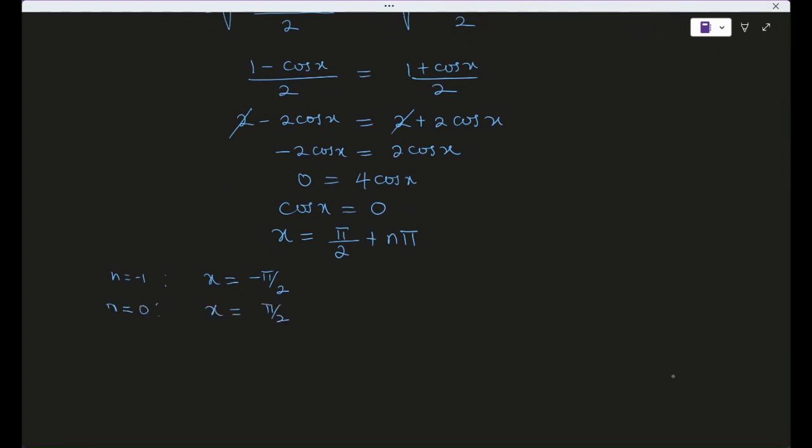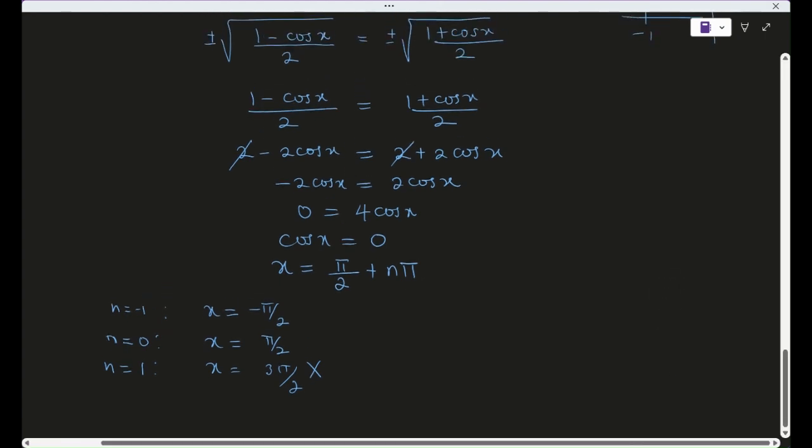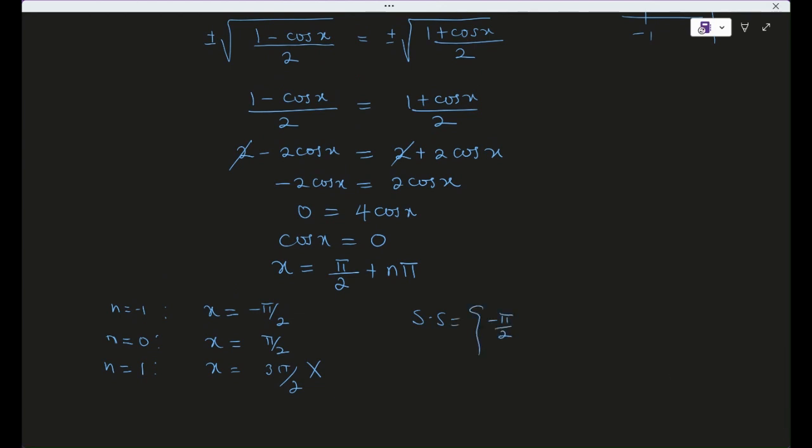X is just pi over 2. And if n is 1, we're going to have 3 pi over 2, which is already above the interval. So it means we have this one. What do we have? Minus pi over 2 to pi over 2.